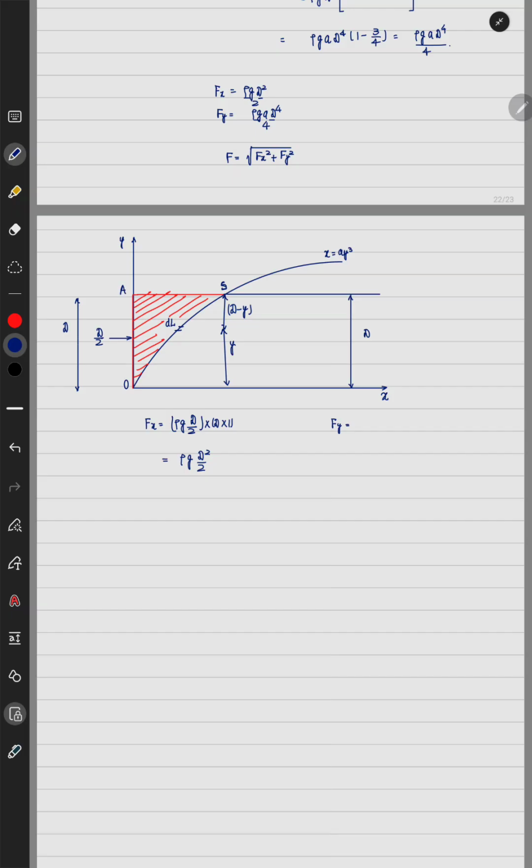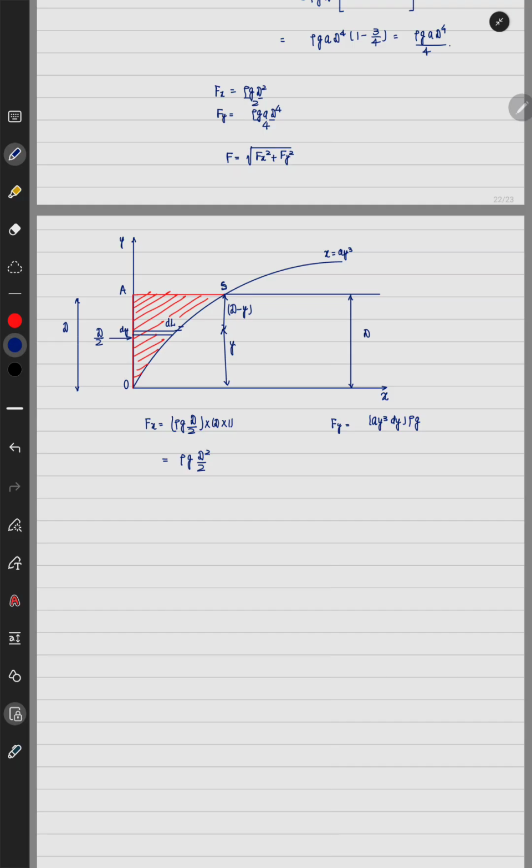So I can say A y cube into dy, this is the volume, into rho into g, this is the total mass at any point. If this is dy, the total weight of the liquid contained in this particular element is given by A into y cube into dy. This is the total volume into rho into g, that will give the total weight.